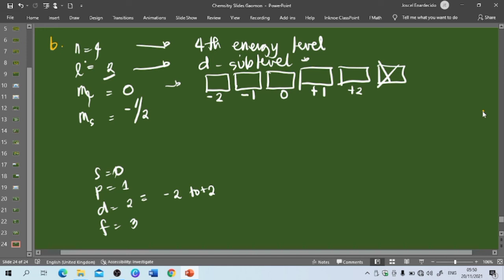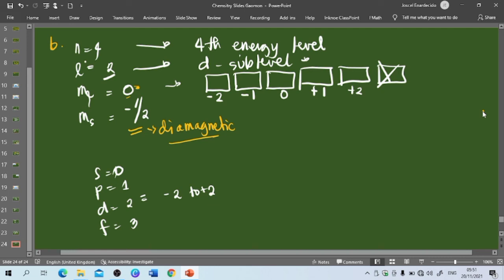So, since it is diamagnetic and the magnetic quantum number is 0, let us distribute the electrons up to here. Meaning to say, the electrons in the 0 magnetic quantum number orbital are diamagnetic, meaning the spin is counterclockwise. It's composed of 2 electrons.